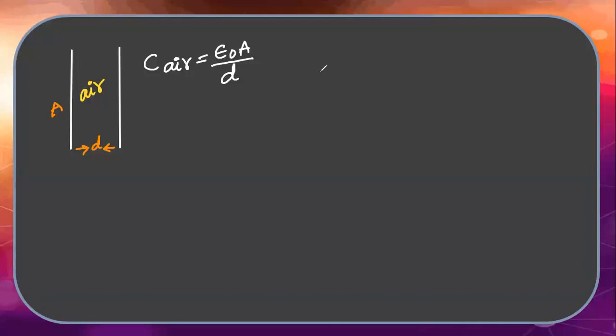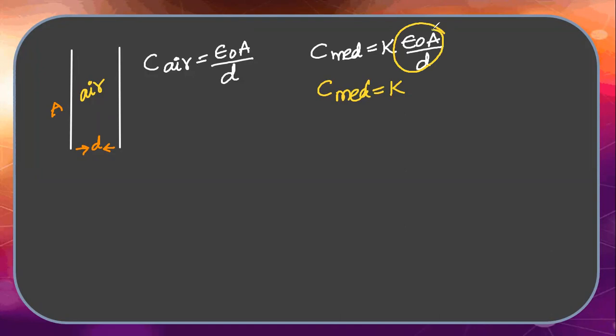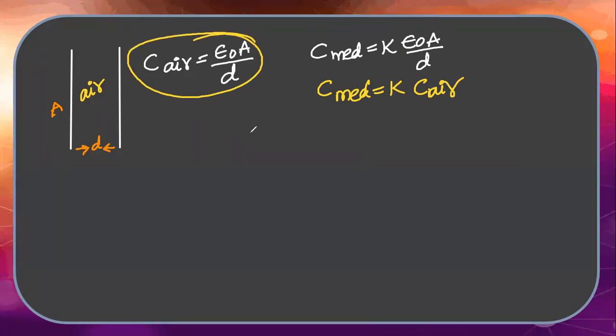Then, whenever we take that in a medium of dielectric constant K, we'll write C medium is equal to K into epsilon naught A divided by D. Epsilon naught A divided by D is the capacitance of the capacitor when air is the medium between them.